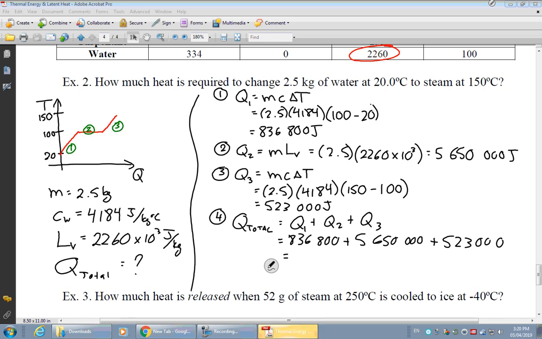When we do all of that, we get 7,009,800, or approximately 7.0 times 10 to the 6 joules, or about 7 million joules of energy. That is what we found in this case.